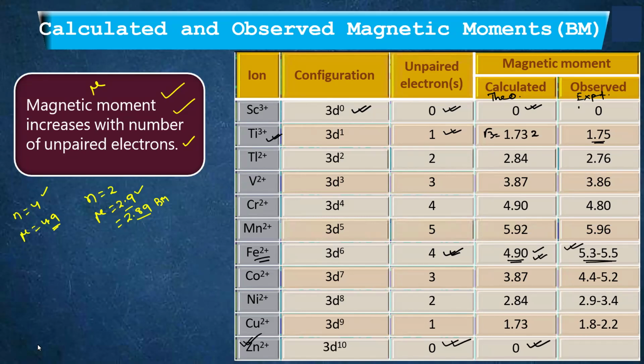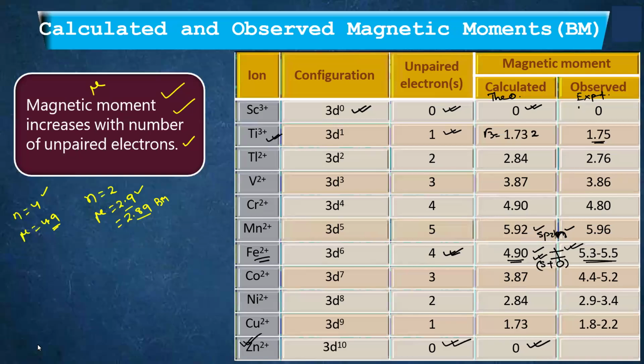Remember, initially I told you the magnetic moment is due to two contributions: one is the spin only contribution, another is the orbital contribution. If the values are not nearly equal, as here, then both spin and orbital angular momentum are working.